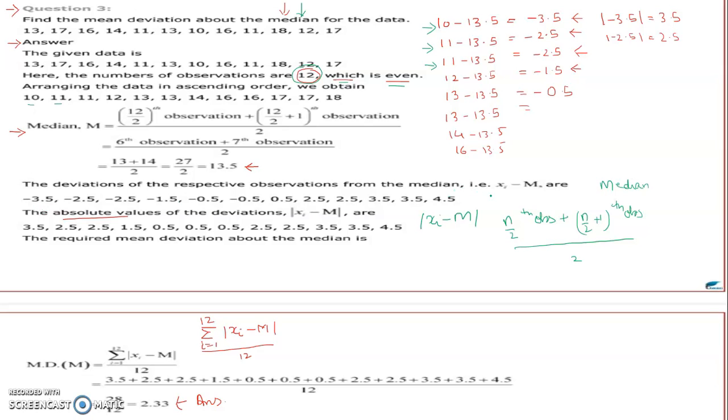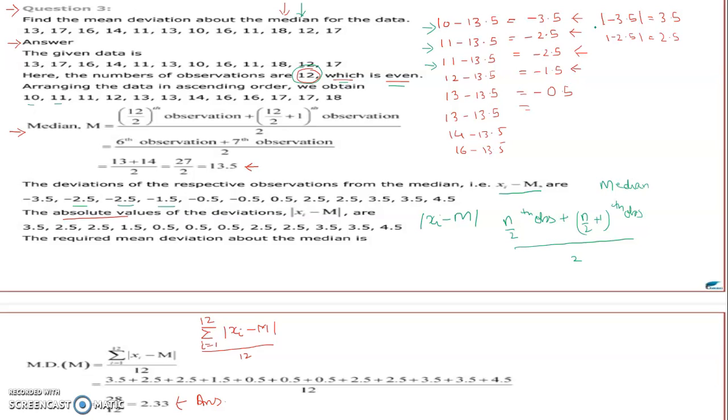I am explaining how we are getting this. See here, it is written subtracting xi minus m. So 10 minus 13.5, 11 minus 13.5, 11 minus 13.5. So 11 minus 13.5 is negative 2.5, same negative 2.5, minus 1.5. If you can do it mentally, you can; otherwise you can write in this form also. Then you will take the positive values.